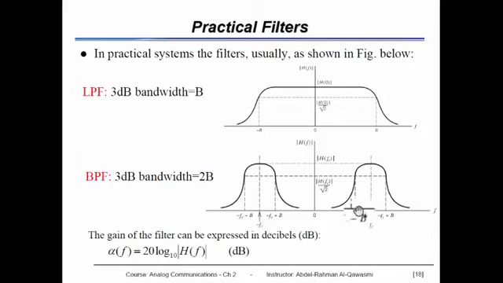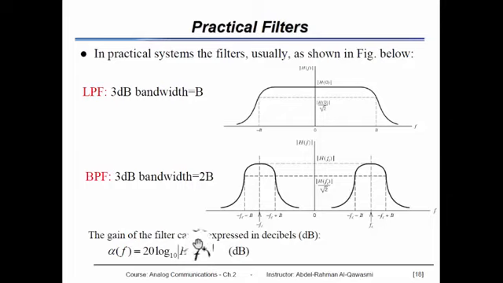As you see here, this is our 3 dB level, 1 over the square root of 2, and this is our bandwidth. So in this case, we use the 3 dB bandwidth to define practical filters.